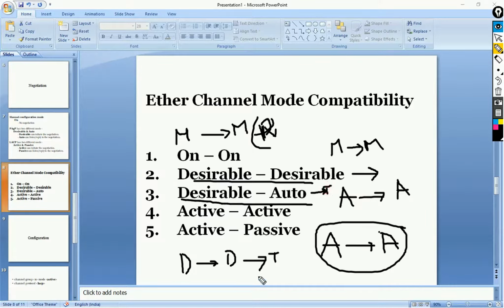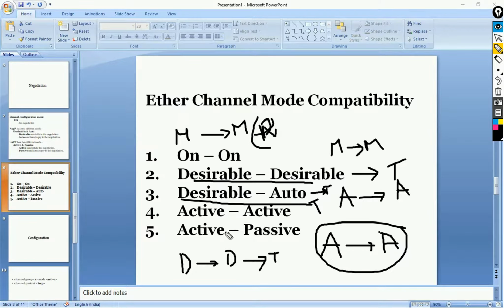So substitute the trunking compatibility of DTP, with access and trunk ports, over here. In DTP we saw that desirable and desirable will be a trunk port, desirable and auto will also be a trunk port. Here also, if we are using the negotiation protocol, desirable with desirable and desirable with auto will be compatible, but not auto with auto.